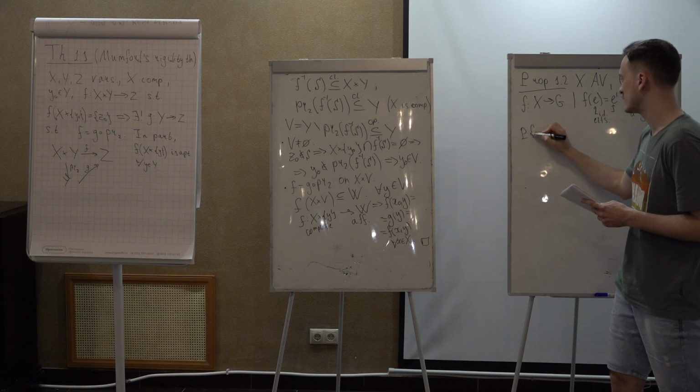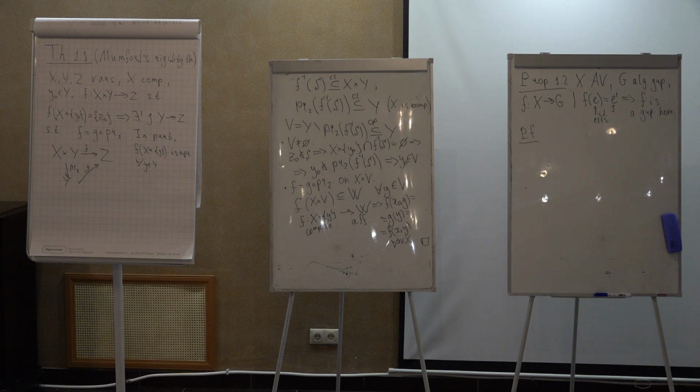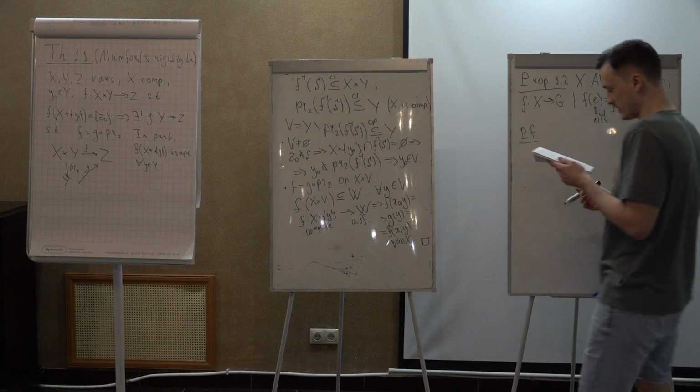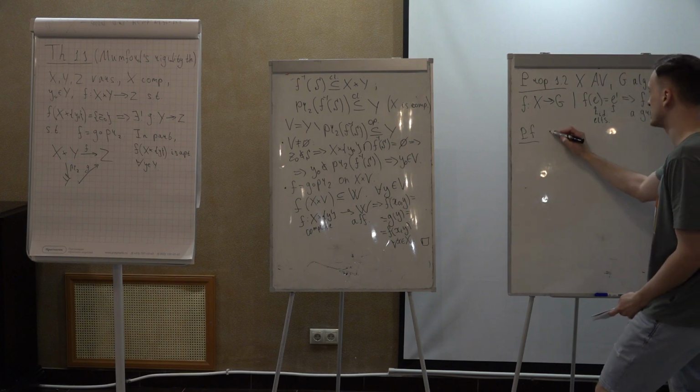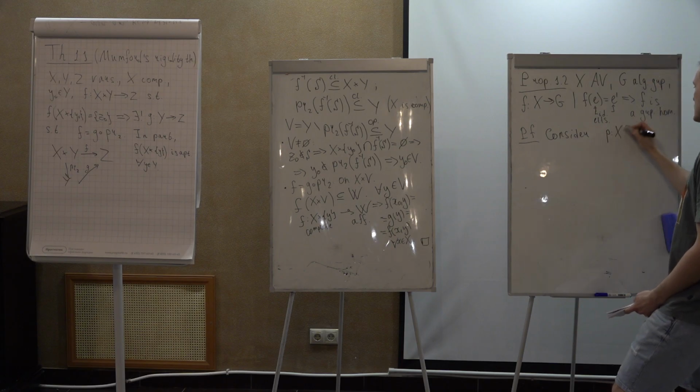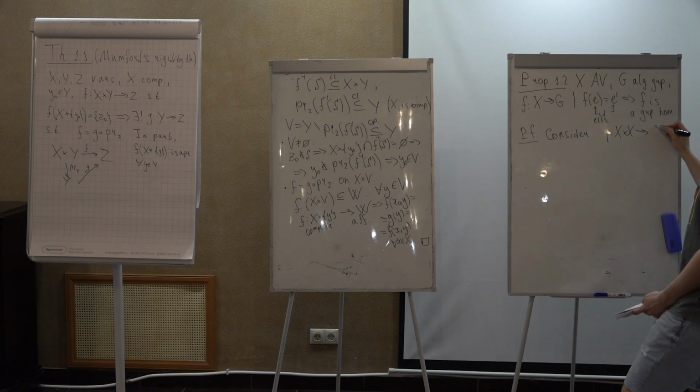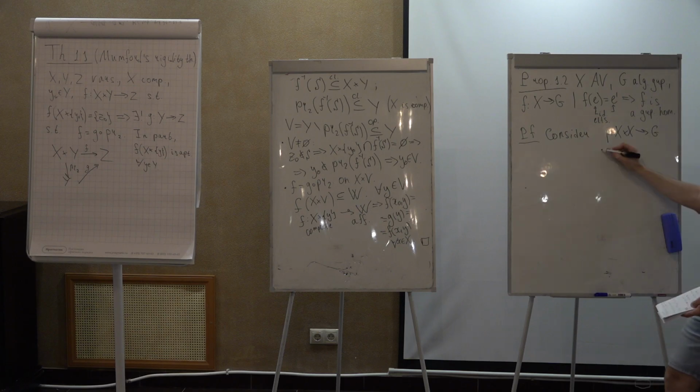Okay, proof. Well, we use Mumford's rigidity theorem. We consider the map P from X times X to G, which maps a pair xy to, well, the difference between this map being a homomorphism: f(x), f(y), f(xy) inverse.